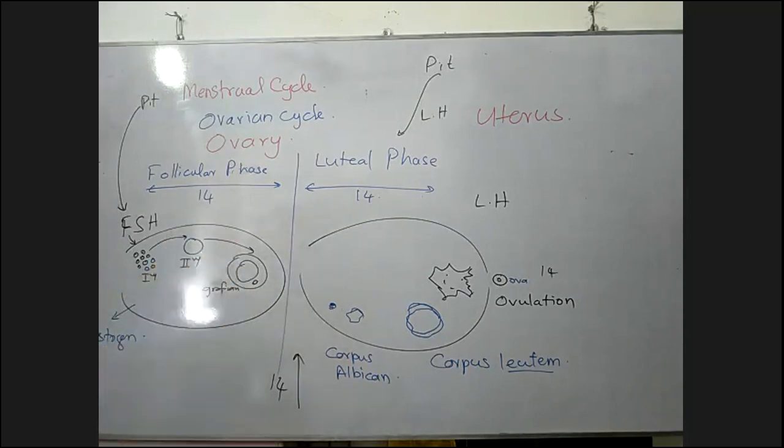That is, this will burst. So where will LH hormone be produced? Pituitary gland. So do both happen? Yes, both can happen simultaneously. Total 28 days.